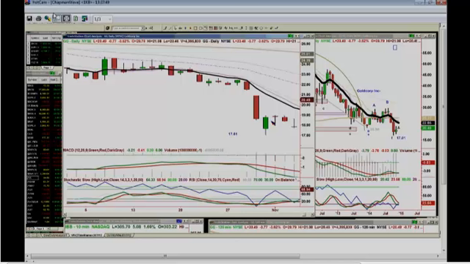Then what happens is I can't yet put the A for the beginning of a new leg up because I haven't made a higher bar than the bar that made the low. In other words, I need to make a higher high than the October 31st high of 18.95 before I can call it leg A. Meantime, I don't know whether the low that was made on the 5th of November at 17.72 is going to test 17.01 or not.